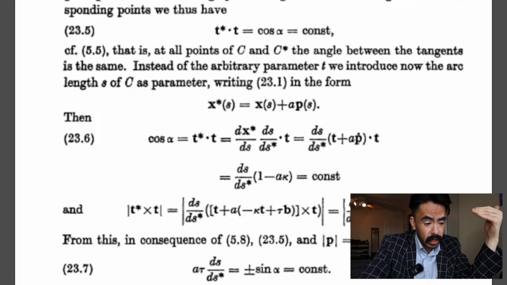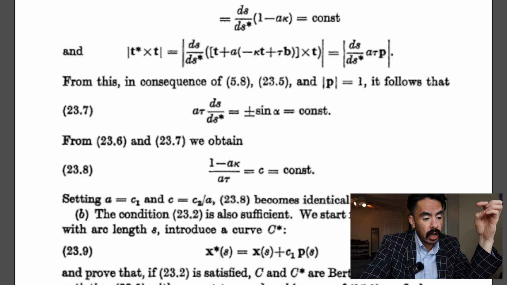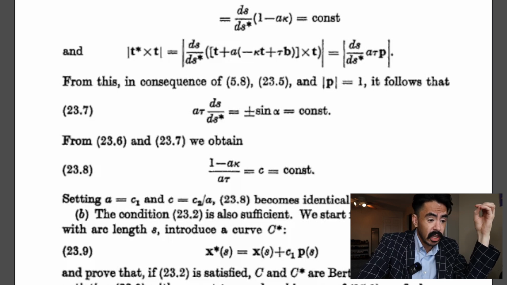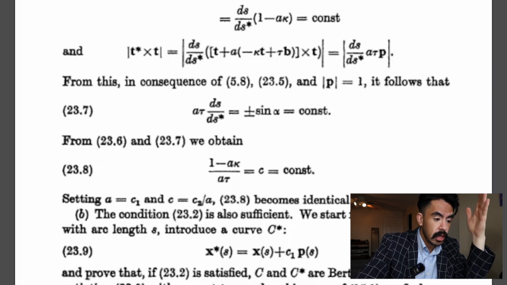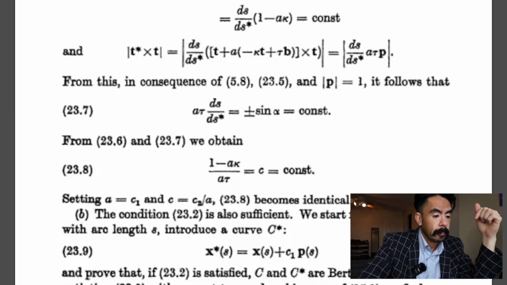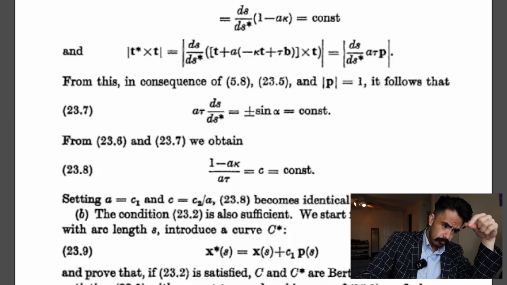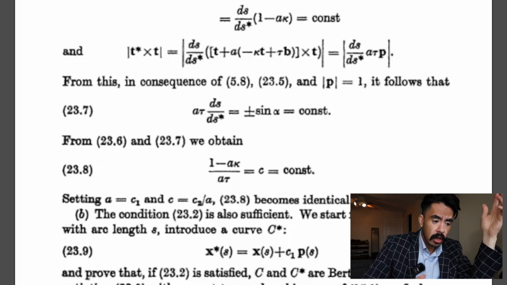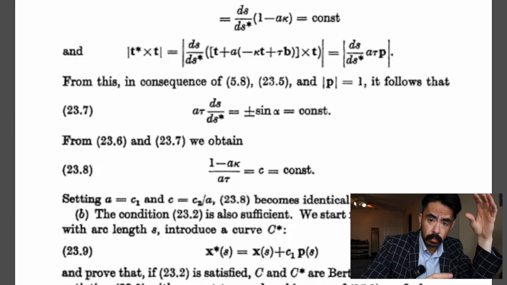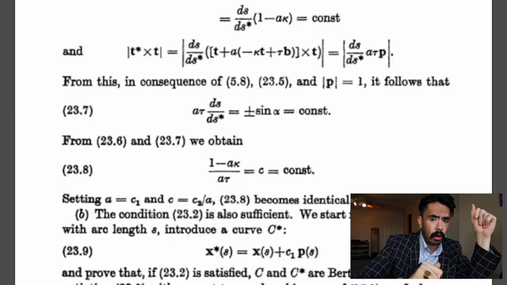And this is then equal to ds ds star times the quantity 1 minus a times kappa, which is a constant, and we have that the magnitude of the cross product between t star and t is equal to the magnitude of ds star times the quantity vector t plus a times the quantity negative kappa times vector t plus tau times vector b, cross product with the vector t.